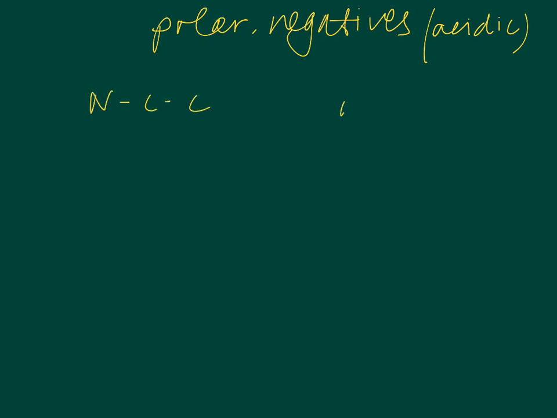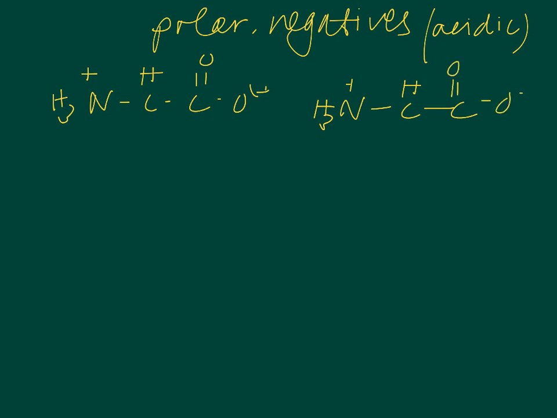So we'll do our NCC, H3 plus, alpha carbon gets the hydrogen, minus, NH3 plus, alpha carbon, carboxylic acid. Okay, so these 2 are derivations of asparagine and glutamine.